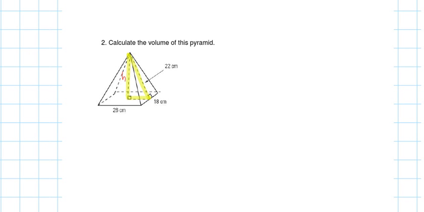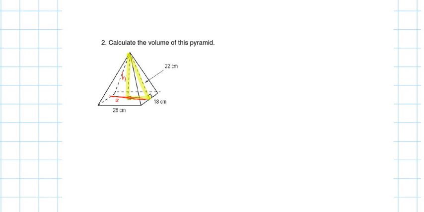What can I use? Pythagorean theorem, because this is a right angle triangle. I know this side, which we call the hypotenuse. What would be my base here? Half of 26, because when you drop this down, it cuts the whole thing in half.